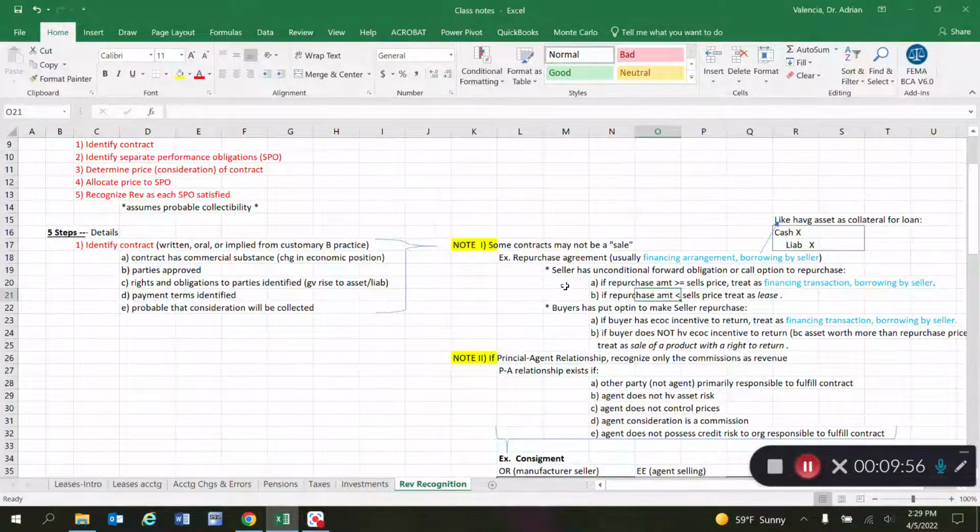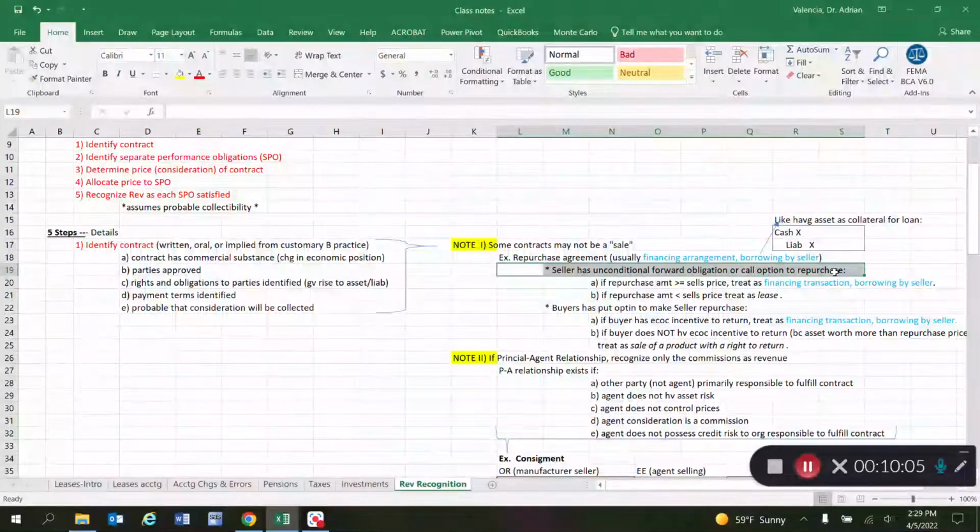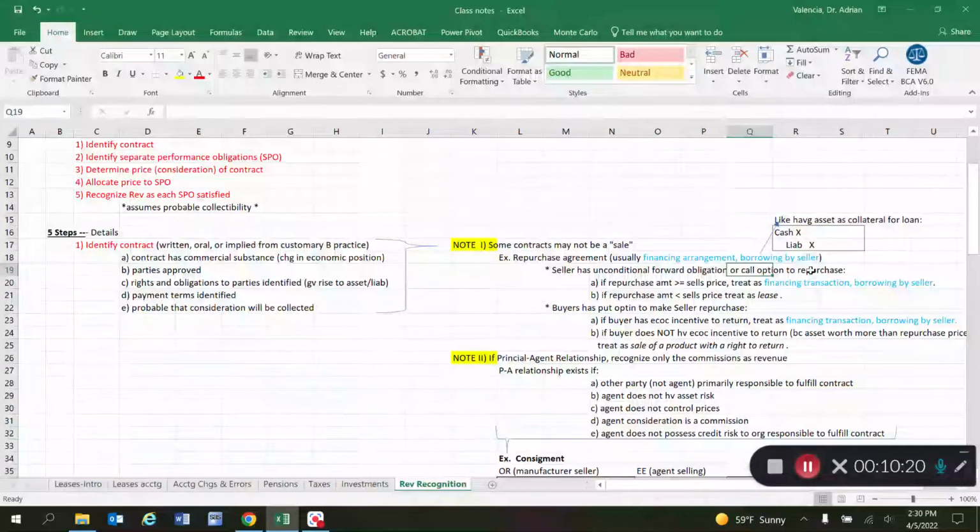A little bit more detail on this, because it might seem a little far-fetched, but these are actual arrangements that are done in business. Suppose the seller, in this case myself, has an unconditional forward obligation or call option to repurchase it. So I have to repurchase this, in the sense of the forward obligation, or I have the option to repurchase it later.